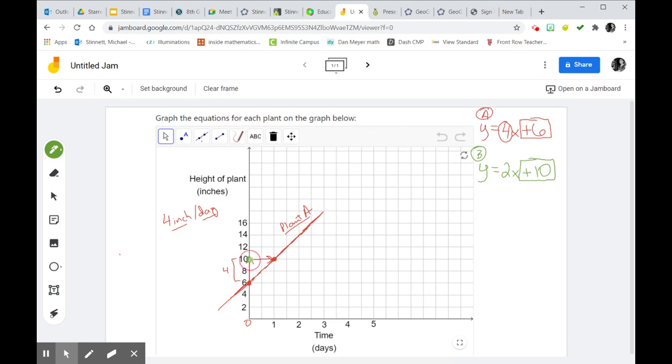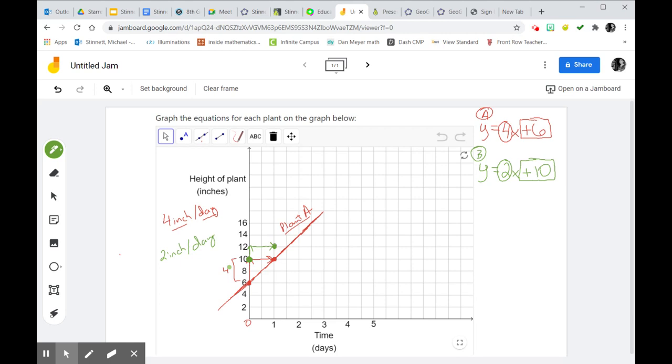This one's green because it's a different plant. And how much is it growing by every day? It's growing by 2 inches every day. So instead of going up 4, I'm just going to go up 2, put a little arrow, but I also have to go over to 1. So I go all the way over to 1 and put my point there.